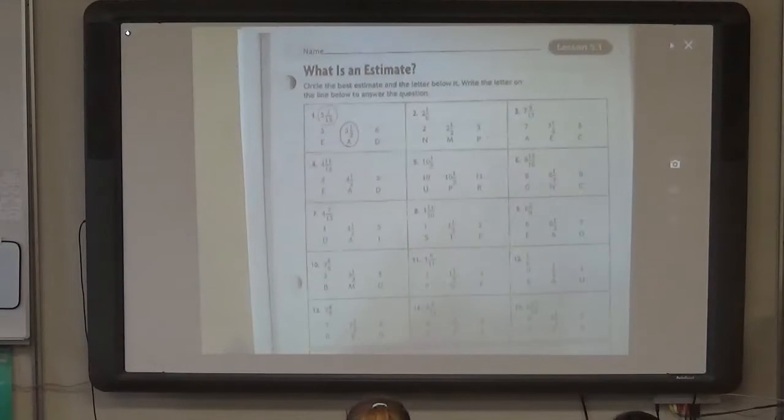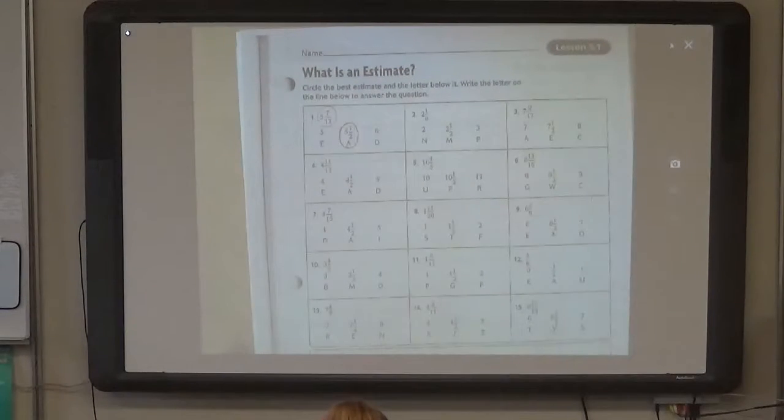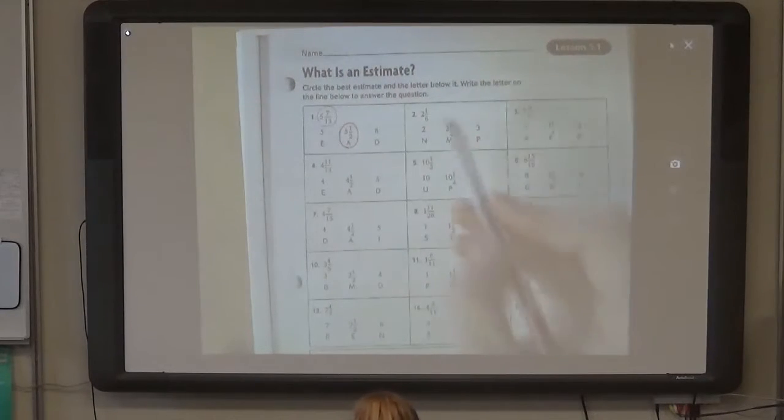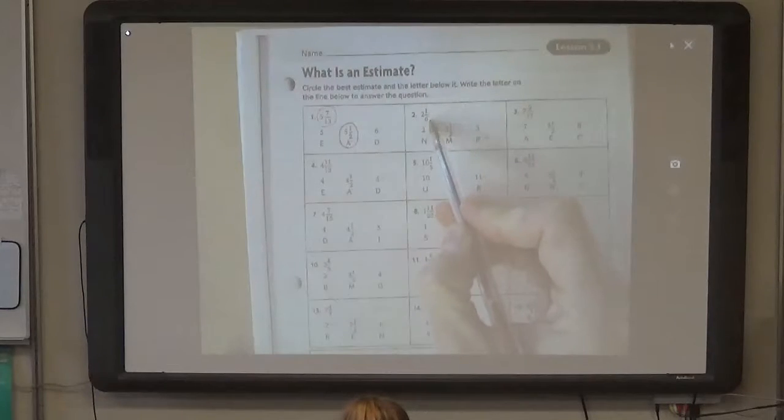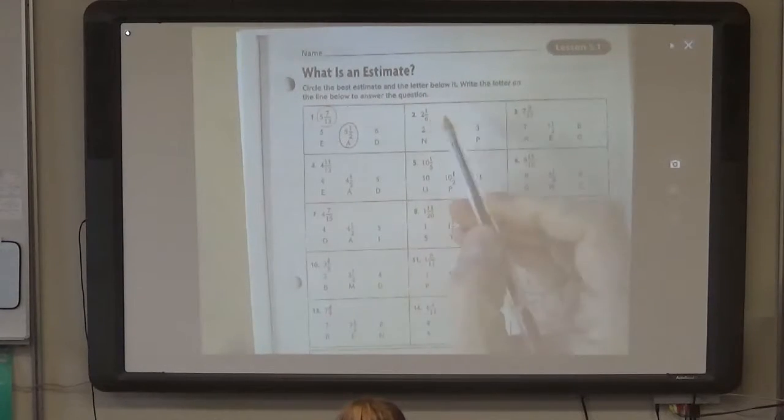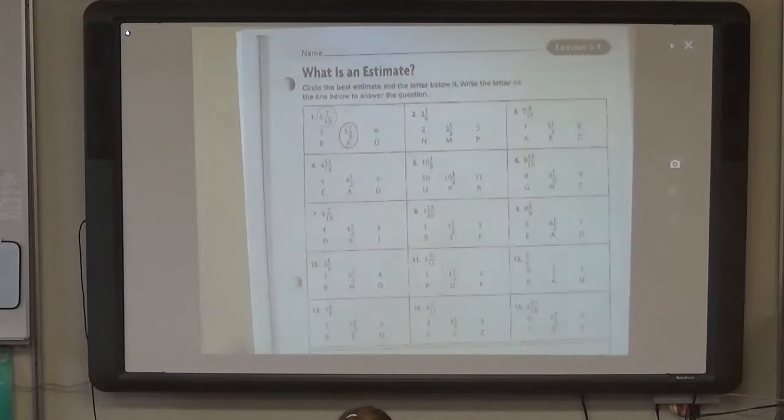So for 1, A, 5½. Number 2, 1 out of 6. What is the fraction closest to? 0, 1/2, or 1? 0. 1 out of 6 is pretty close to 0.